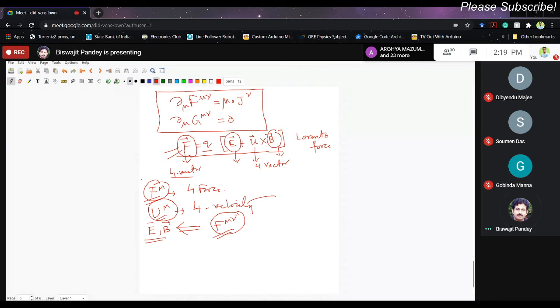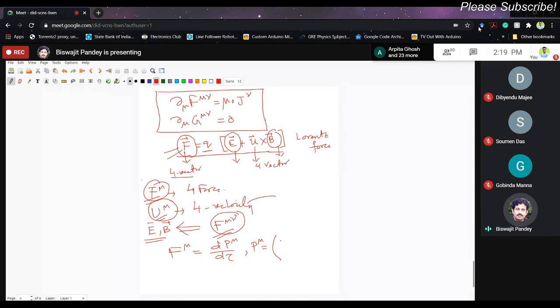Now, what is the 4-force? If you remember, 4-force is the rate of change of 4-momentum, dp mu d tau, where tau is the proper time. And p mu is the 4-momentum of the particle, which is E by c.